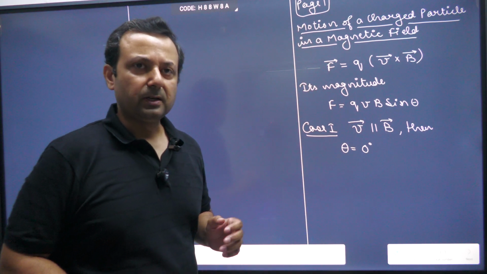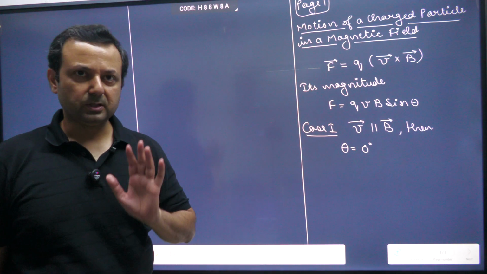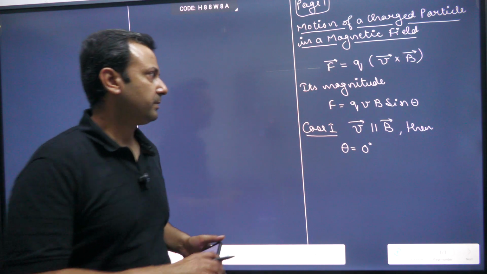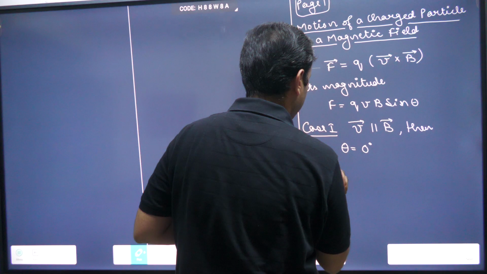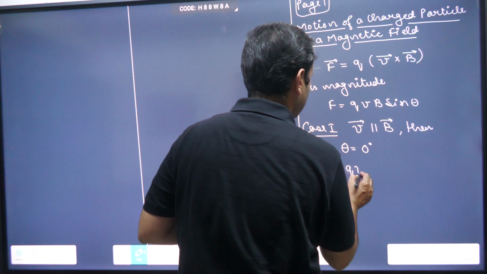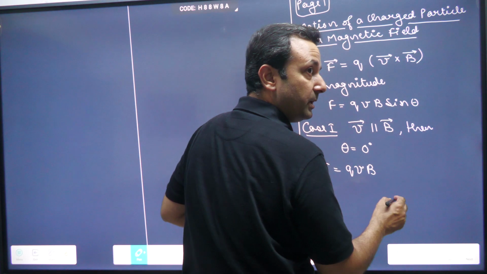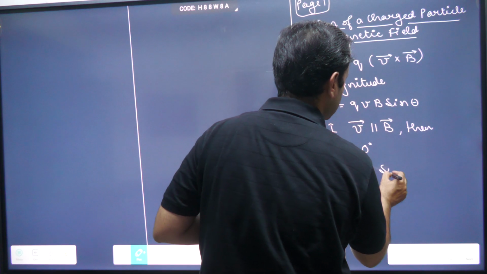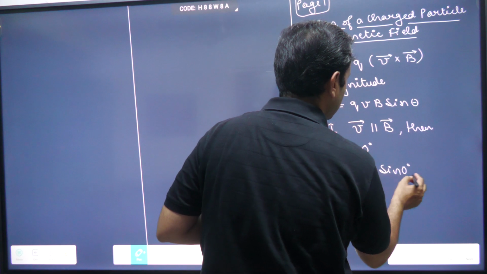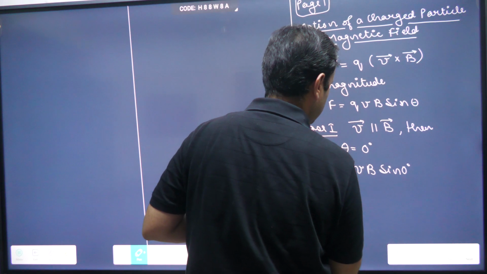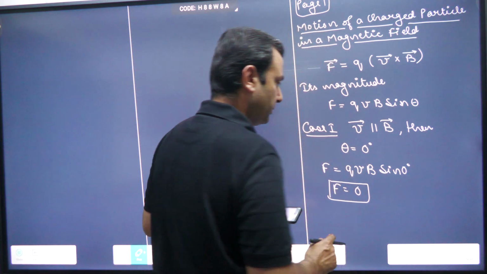Whenever two vectors are parallel to each other, the angle between them is 0 degree. So in this case, F is equal to qvB sine 0 degree. Sine 0 degree is 0, so 0 into anything is 0. So in this case, the force experienced is 0.